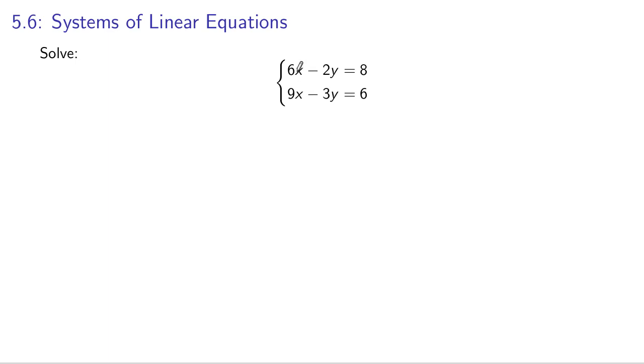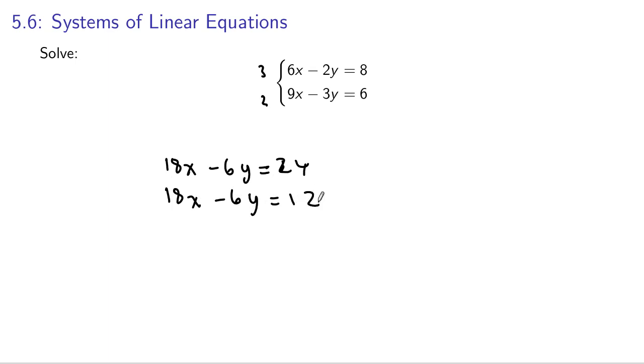So if we multiply this equation by 3 and this one by 2, we'll end up making y the same. So 6 times 3 is 18. 3 times negative 2 is negative 6. 3 times 8 is 24. 2 times 9 is 18. 2 times minus 3 is negative 6. 2 times 6 is 12.